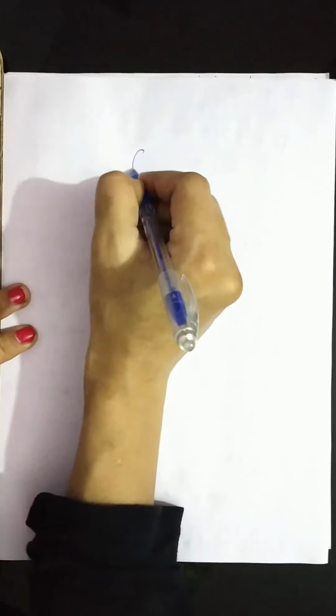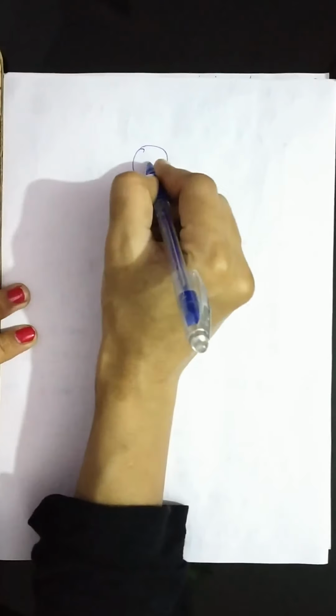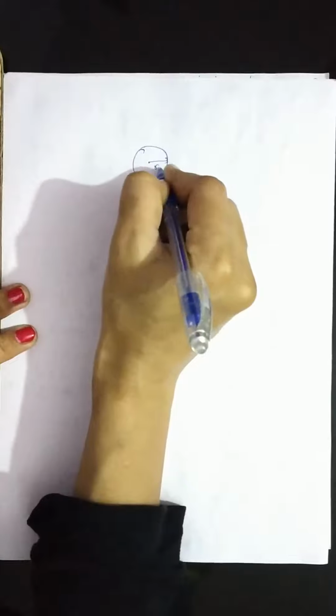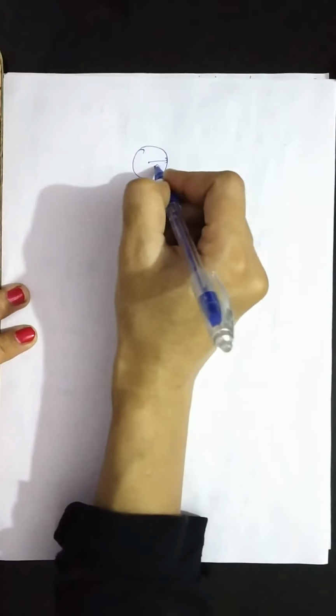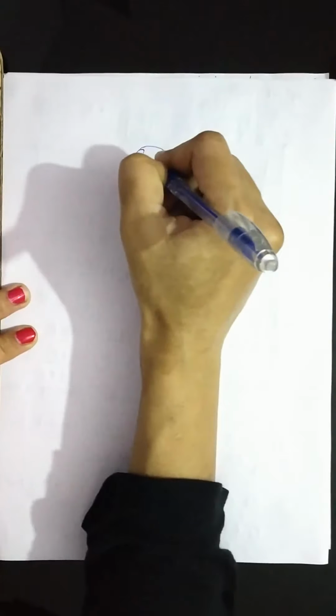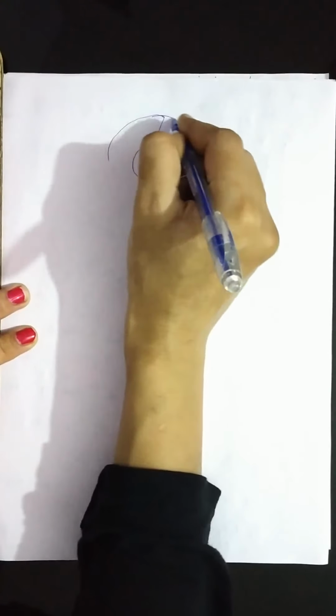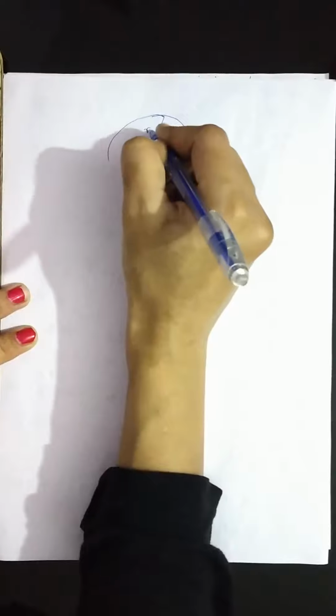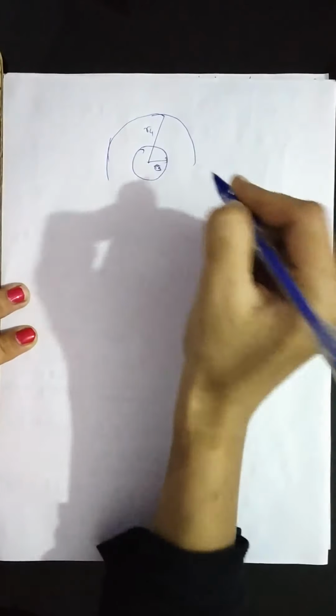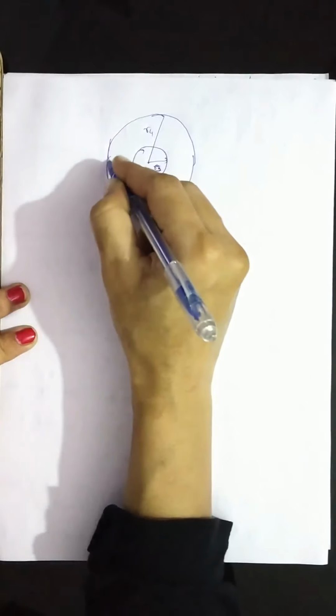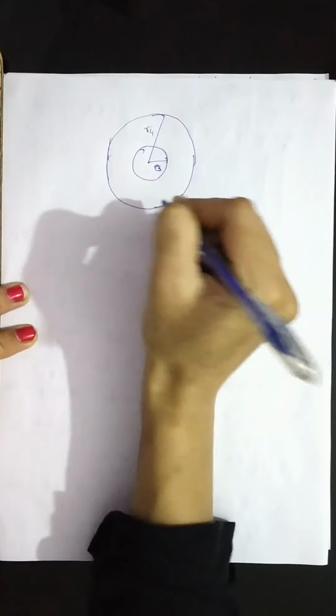So we will have two circles between which the path of the particle is bounded. First we will have R3, which is less than R4. So I have to draw the second circle with radius greater than R3. So this is now my R4, and this is the second circle in which our particle is bounded.